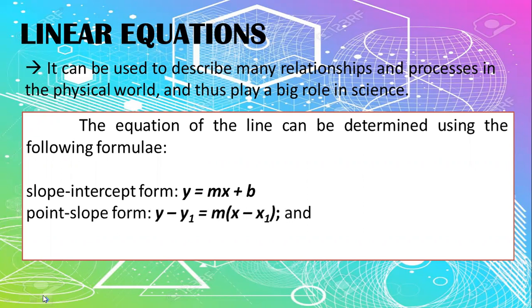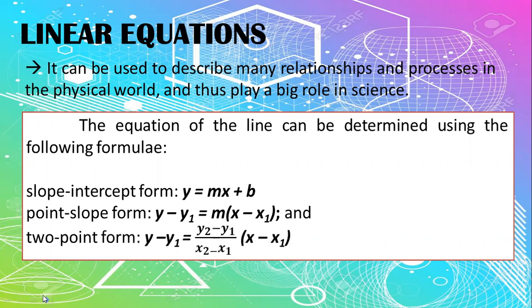Then the point slope form, which is y minus y sub 1 is equal to m multiplied by quantity x minus x sub 1. And the last one is the 2-point form, or y minus y sub 1 is equal to y sub 2 minus y sub 1 all over x sub 2 minus x sub 1 multiplied by quantity x minus x sub 1.